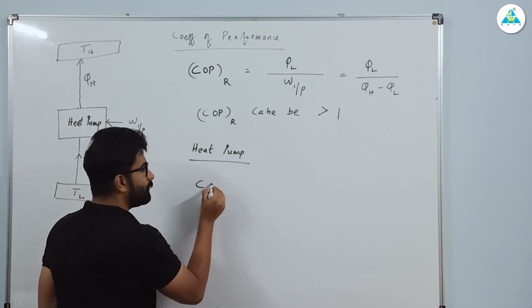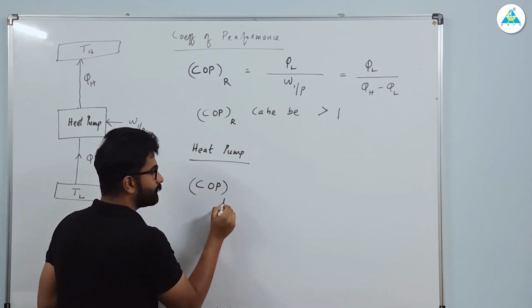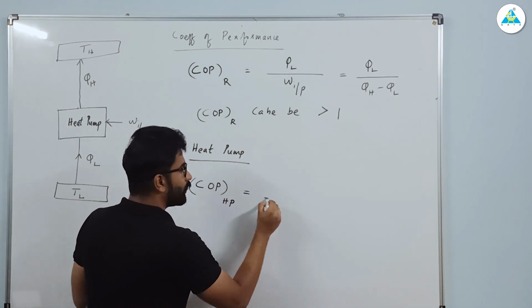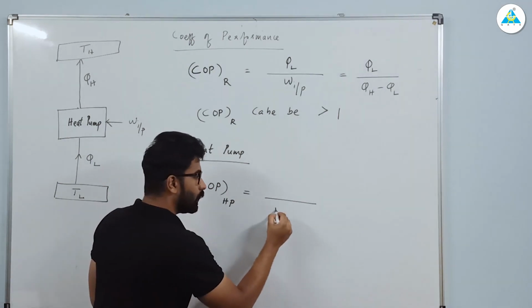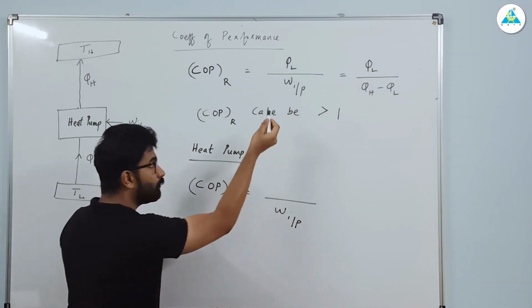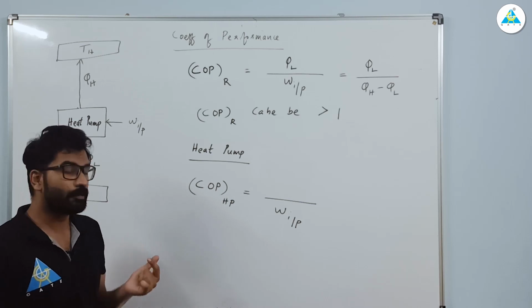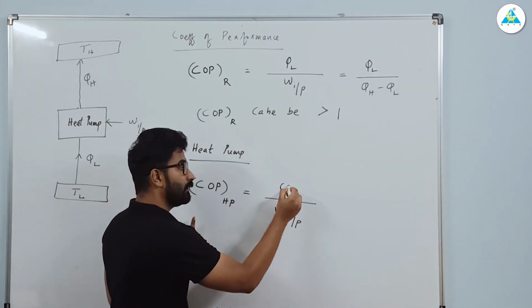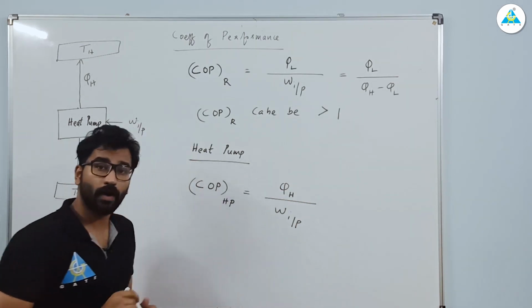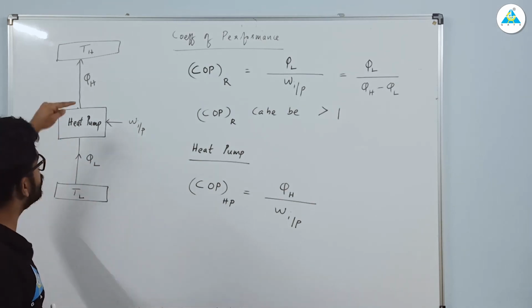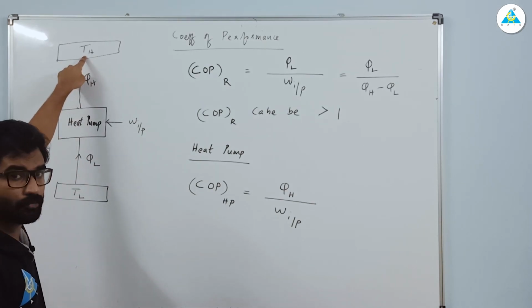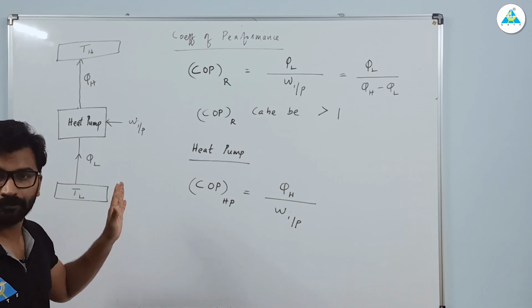So your COP of heat pump will be equal to what? Heat pump also requires some work input, no problem, same thing, but in heat pump your objective is QH. Why? Because our objective is to heat this particular room, not to cool the freezer, right?